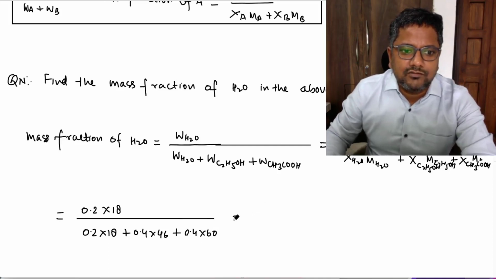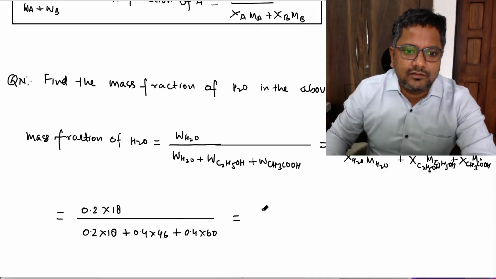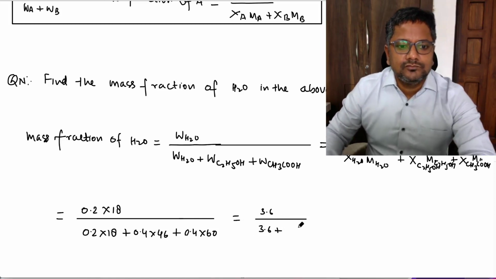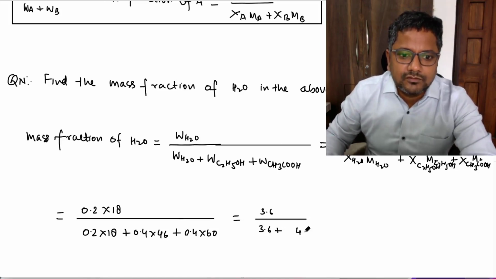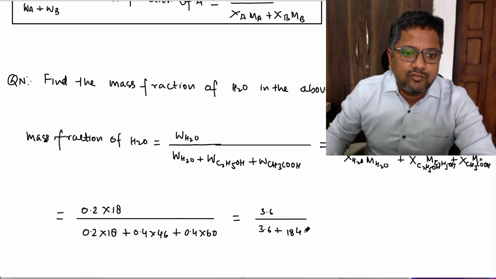So this is equal to 3.6 divided by 3.6 plus 18.4 plus 24, right?